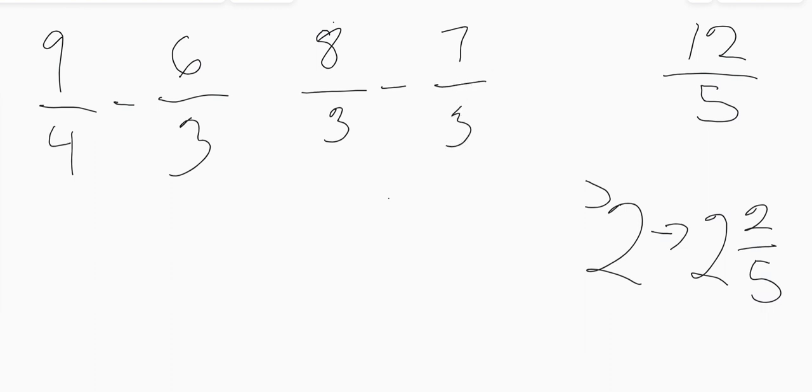Now, subtraction is a lot like addition. If your denominators are the same, all you have to do is work on the numerator. 8 minus 7 is 1. So 8/3 minus 7/3 is 1/3.